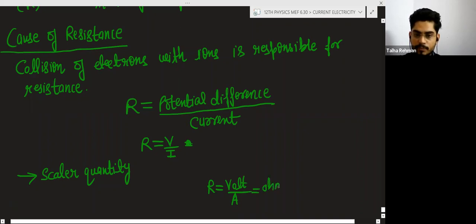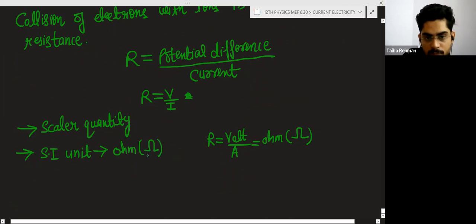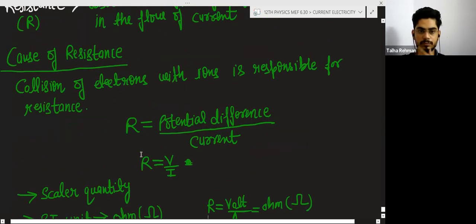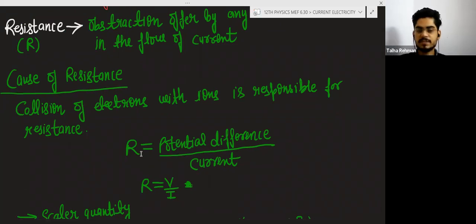So the SI unit is ohm. So resistance is the obstruction for the flow of current, and the cause of the resistance is the collision of electrons with ions.